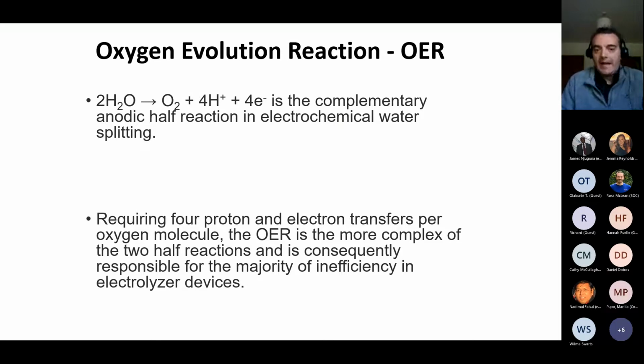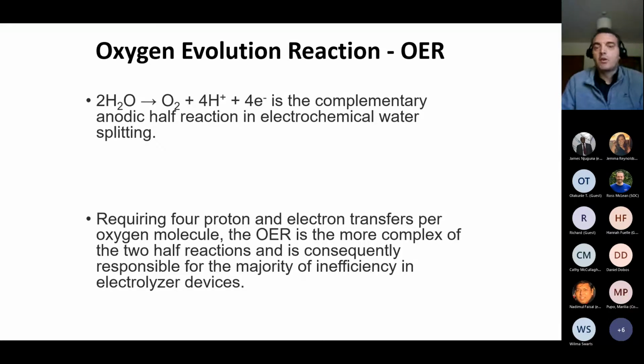That particular reaction is a little bit more complex compared to its analog, the hydrogen evolution reaction. The oxygen evolution reaction appears on the anode, where the oxidation mainly happens.